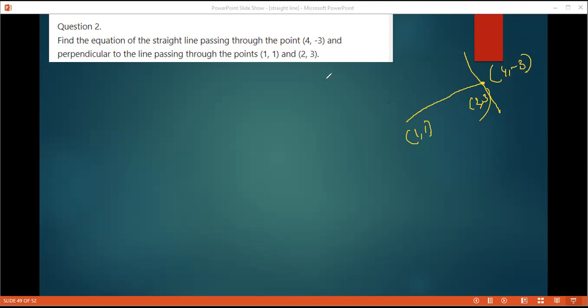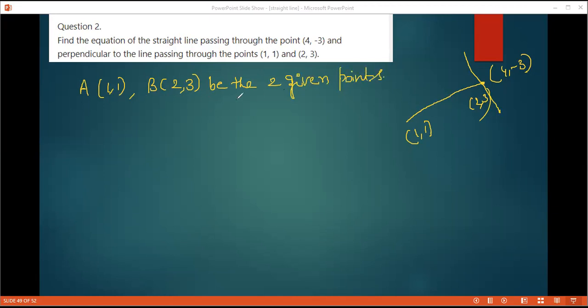Here we got, let us take A as the point 1 comma 1 and B as the point 2 comma 3. Let us take like this. So these are the two given points.